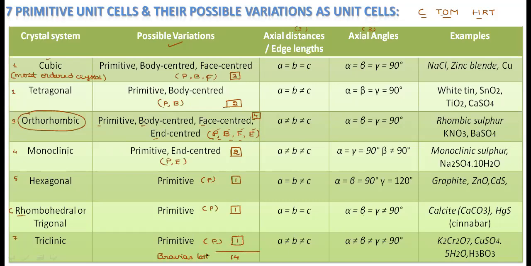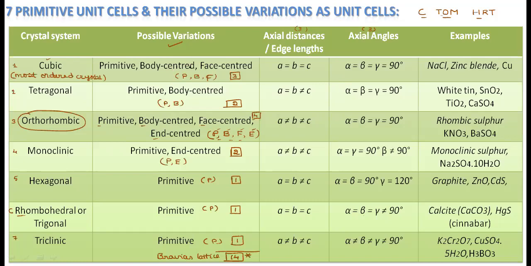The 14 different possible crystal lattices can be remembered with these variations. As this is a competitive topic, they may ask about any crystal system, their variations, axial distances or axial angles. With one simple example, you can remember all.